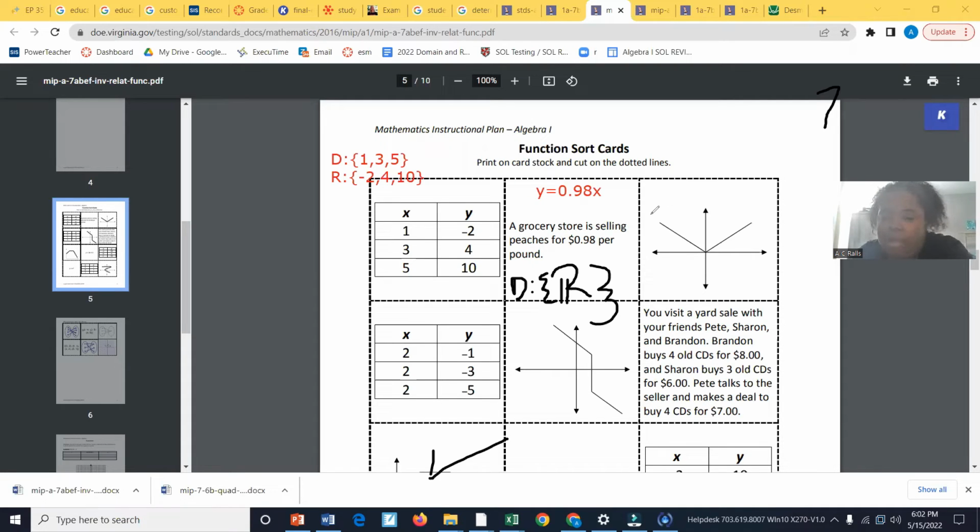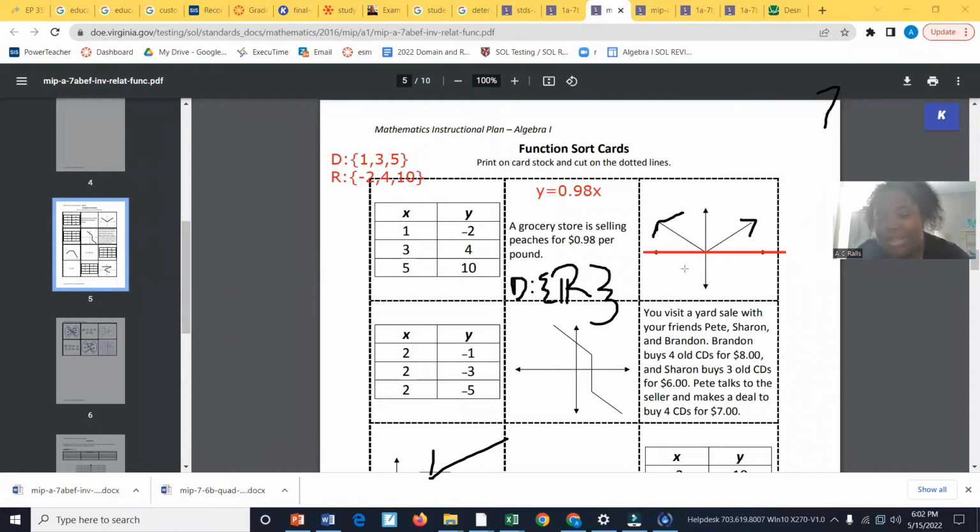So let's take a look at this absolute value function. This function here technically has arrows on both ends as well. Because it has arrows on both ends and we're talking about the domain first, bear in mind that the domain deals with the x value.